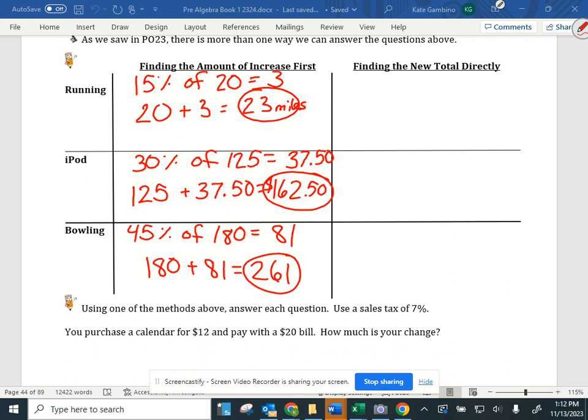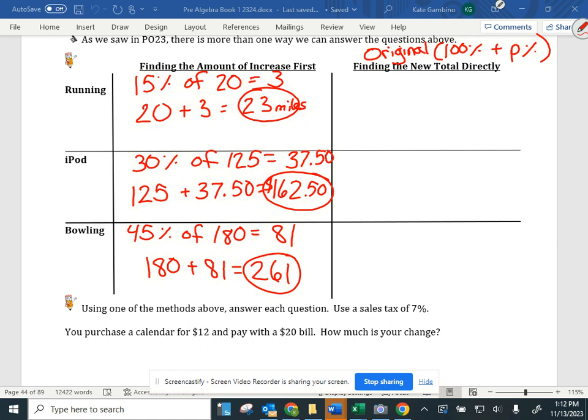We have another method. This time it's finding the new total directly. So if we look at the running, our equation that we're going to use is we have the original amount times 100% plus the percent that we're increasing it by. So let's look at what that means.